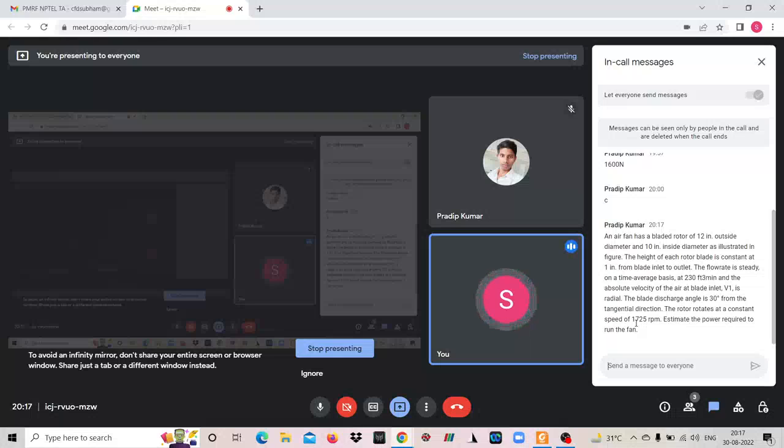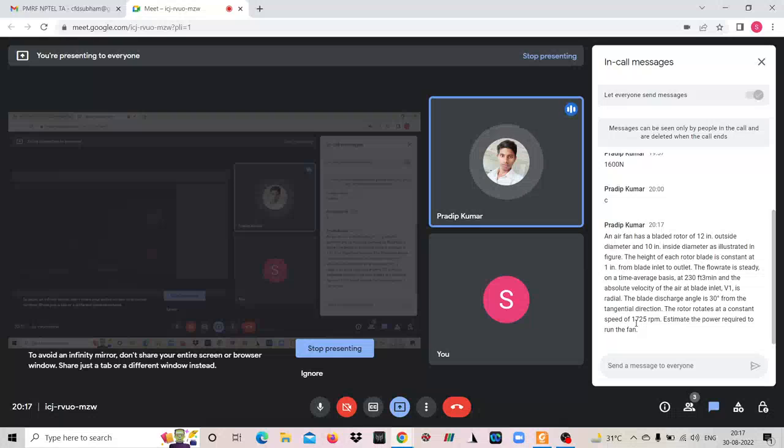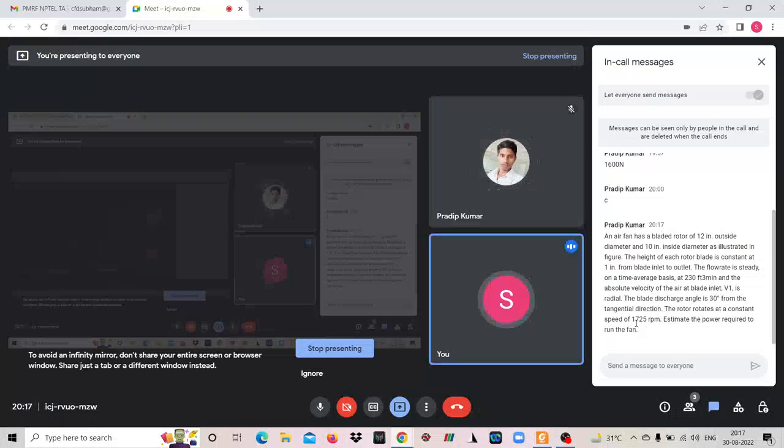The flow rate is steady on a time average basis at 230 feet cube per minute, and the absolute velocity of the air at blade inlet V1 is radial. The blade discharge angle is 30 degrees. Is it a question from the ongoing assignments? Week 3 assignment. Okay, fine. The week 3 submission date is over, right? Yes, sir. Then it is not an issue.